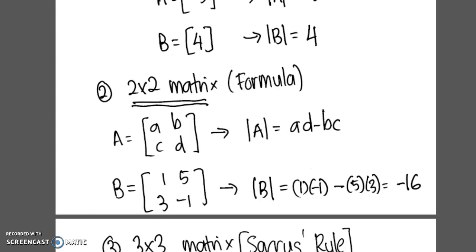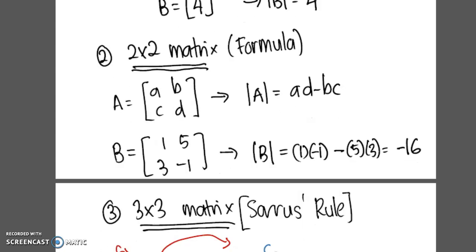If it is a 2 times 2 matrix, we have a formula, for 2 times 2 only. To find the determinant of A, let's say A, B, C, D, the determinant is equal to AD minus BC. That is A times D minus B times C. Looking at this first example, B is 1, 5, 3, minus 1.